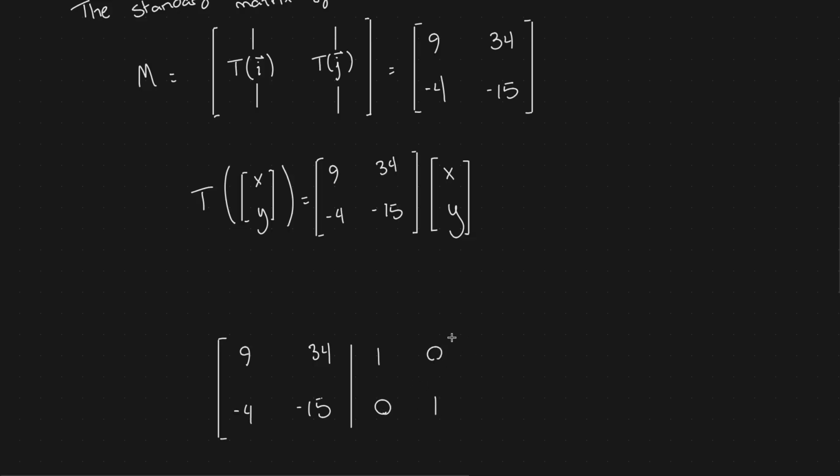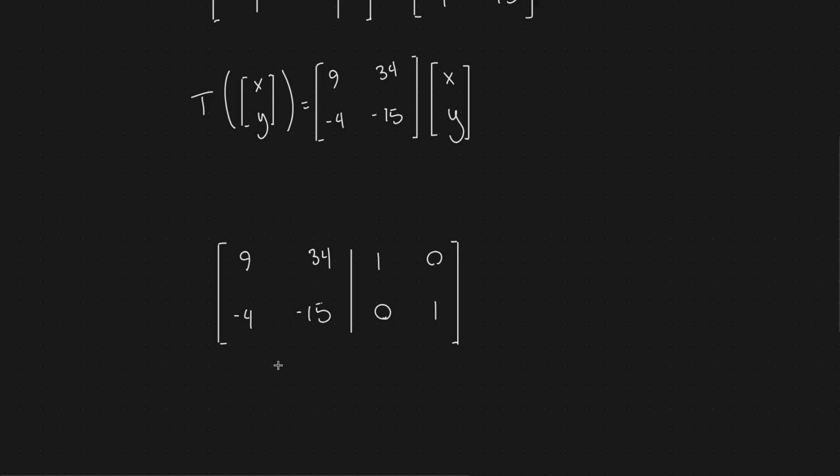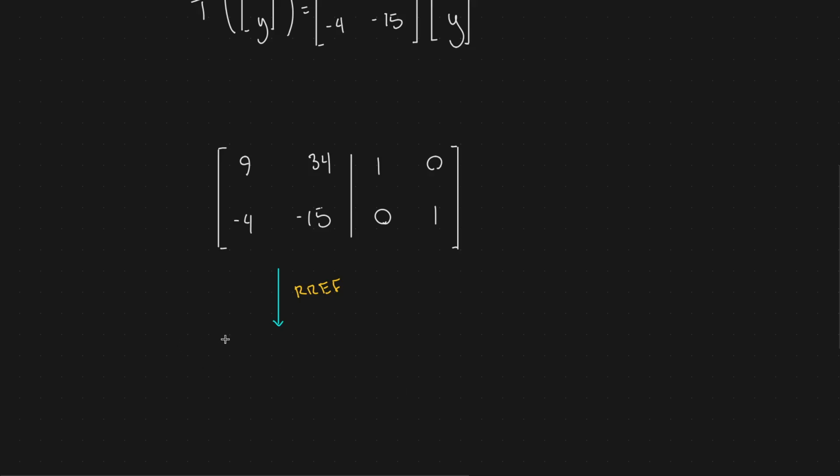In this case, the 2 by 2 identity is 1, 0, 0, 1. I am going to find the reduced row echelon form of this until this is the identity matrix. And then over here will be the inverse of M.